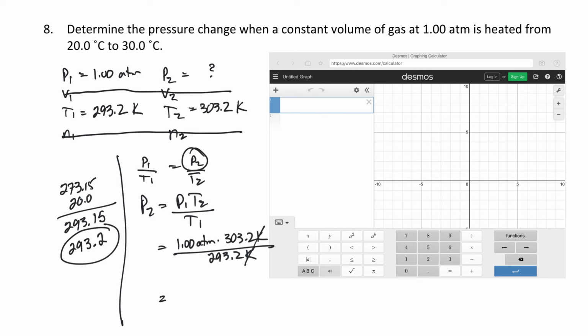So 1 doesn't make any difference. So it would be 303.2 divided by 293.2. There we go. And we need to go to 3 sig figs, so it'd be 1.03 atmospheres. So if you crank the temperature up from 20 to 30, it's not going to change the pressure a whole lot.